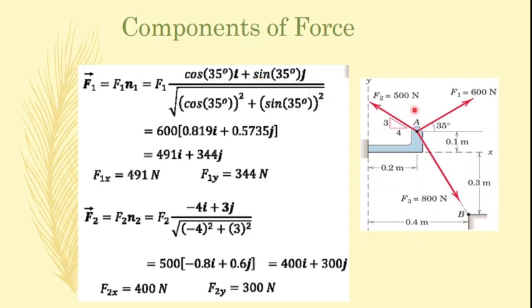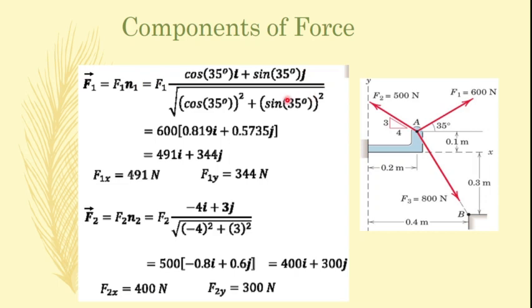Now for the first case, for F1, we can write the vector F1 is equal to F1, that is the magnitude, times the unit vector. We can write the unit vector as cos 35 i plus sin 35 j, that is cos theta i plus sin theta j.